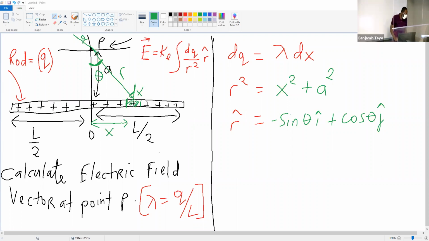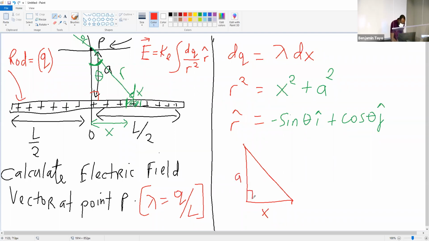Okay, we have a question from a student online asking about the distance r squared. To get the distance r squared, if you look at this, do you see that there's a right triangle here, right? There's 90 degrees here. Let me draw just that section. This is my dx here, this is my x, this is my a.